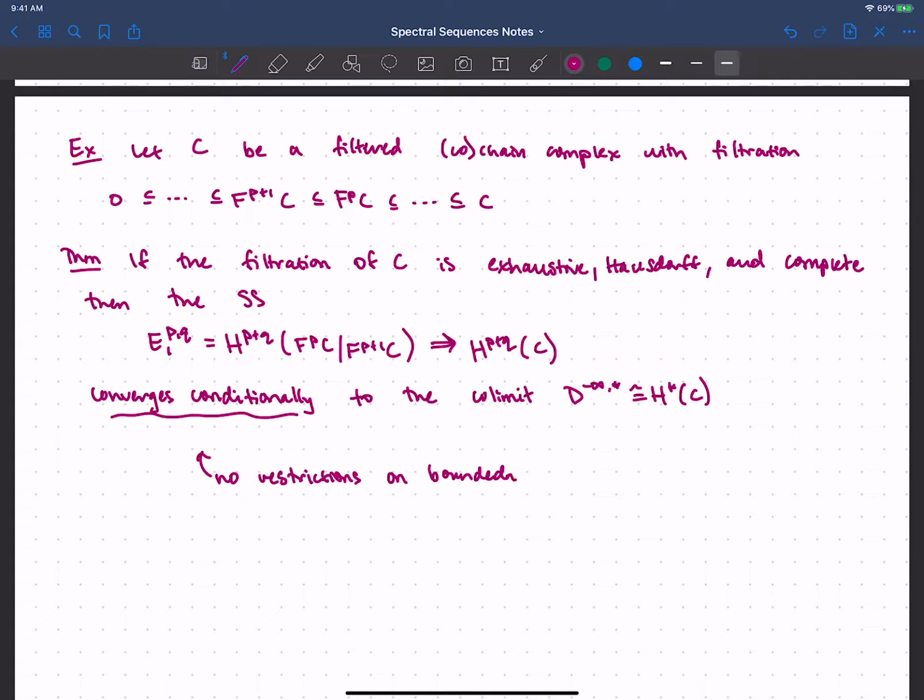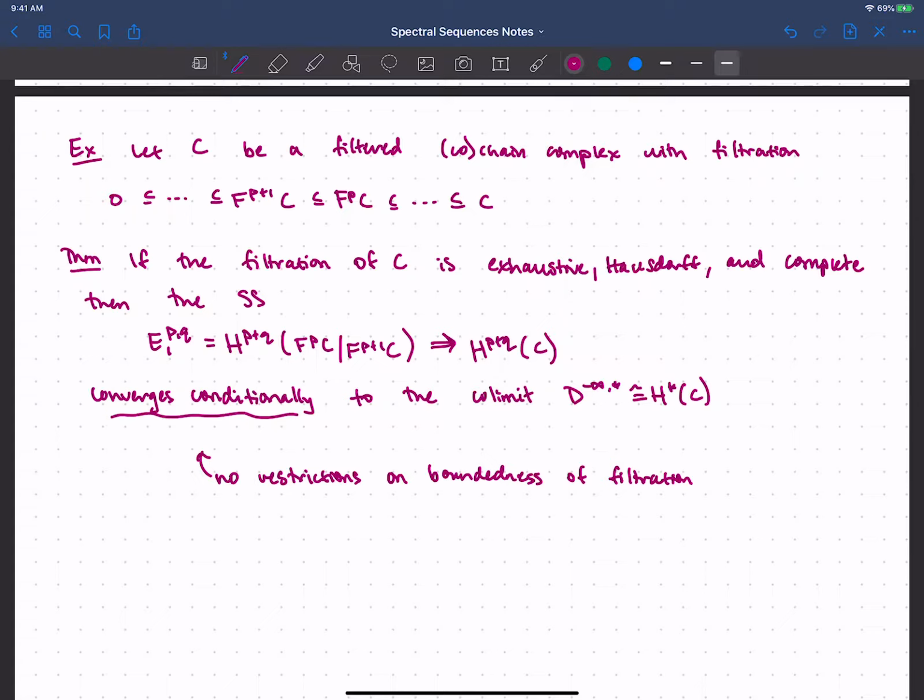But in practice, often I want some kind of bounded filtration. Of course, if I have a totally bounded filtration, then I'm just going to end up with a strongly convergent spectral sequence. But if I don't have any of those limitations, the best I could hope for is conditional convergence. Okay, let me just say of the filtration, since that's the key here.